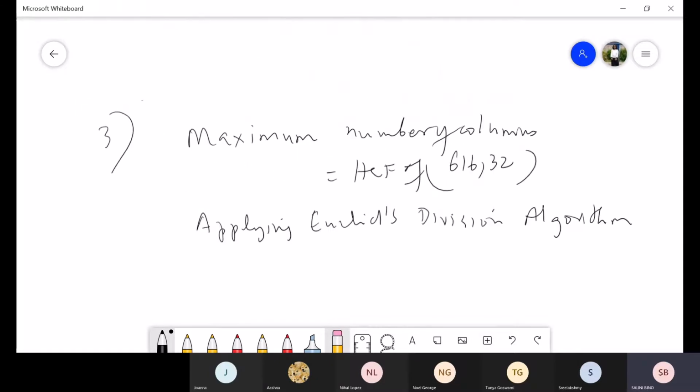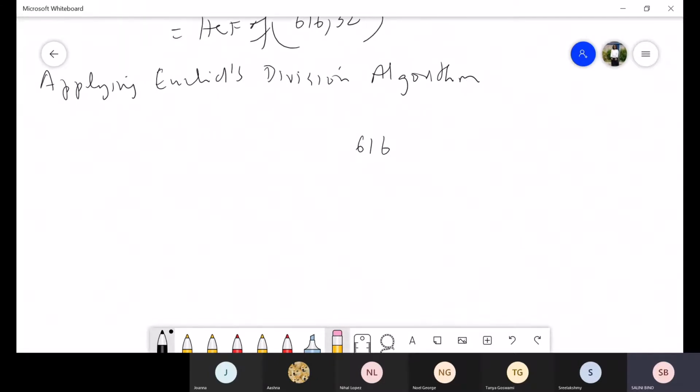616 is greater than 32, so we can write 616 divided by 32. So how many times will it go? 32 once, 32, 9, 29. Bring down the next term. 32 into 10 will be 320. So 32 into 9, 27, 28, right? 288. So it will be 9 times, 288.